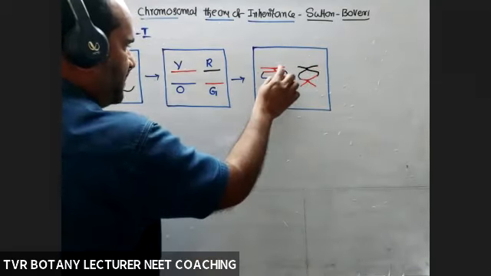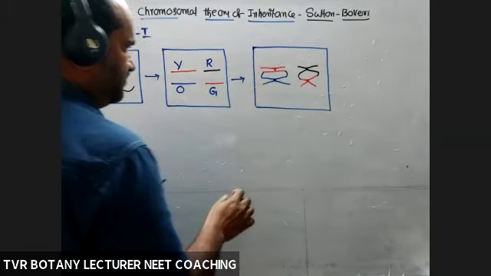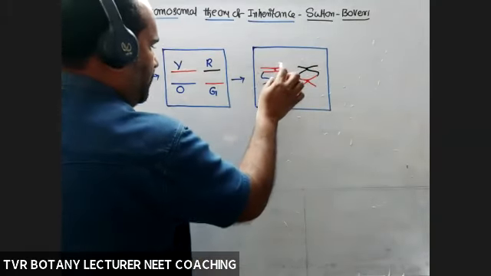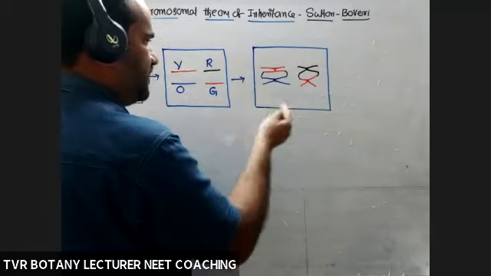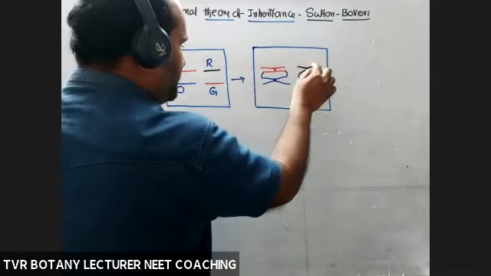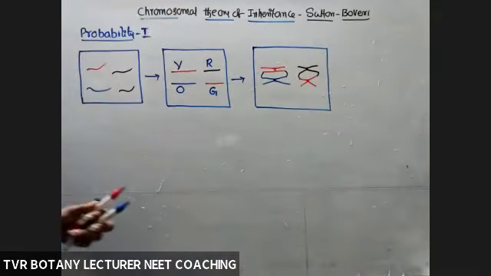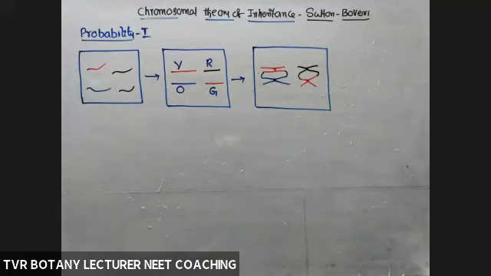A combination of yellow and orange are non-sister chromatids of homologous chromosomes. A combination of red and green are non-sister chromatids of homologous chromosomes. So during the pachytene stage, crossing over is taking place between non-sister chromatids of homologous chromosomes present in a bivalent or tetrad.